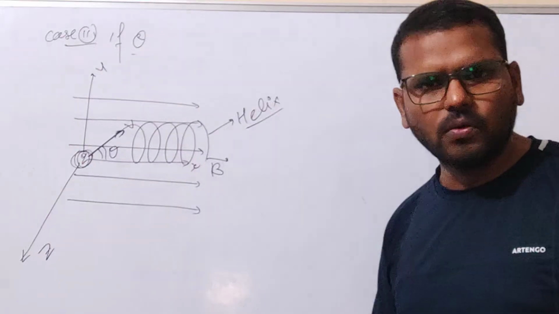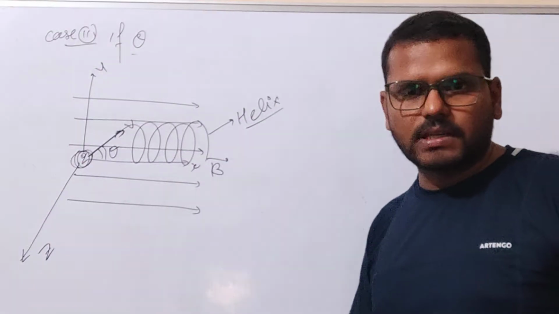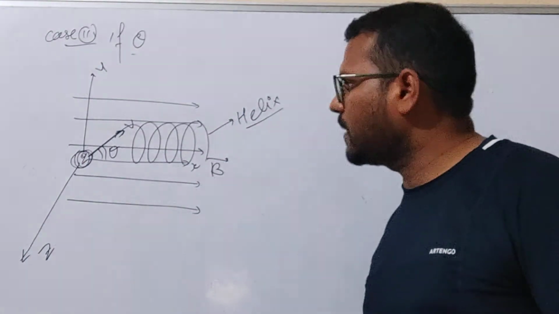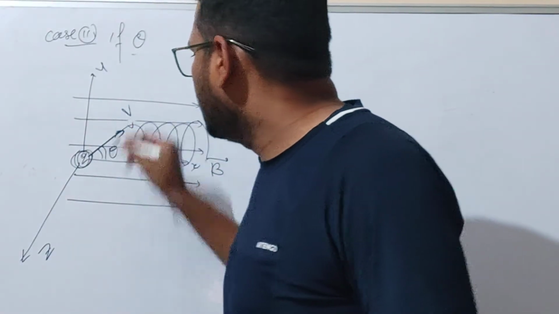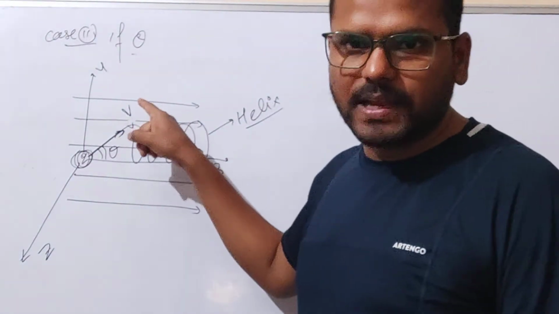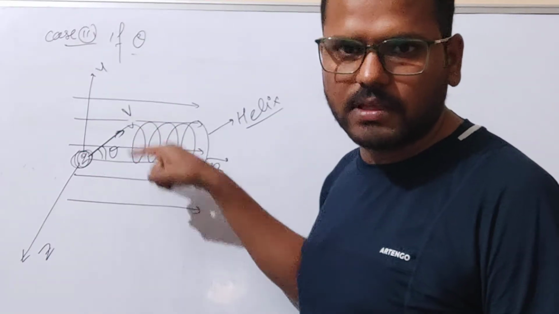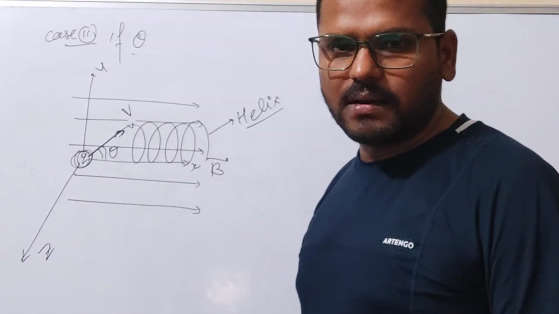So who is responsible for this helical path? This is the velocity, but the complete velocity is not responsible for the path acquired by the particle.